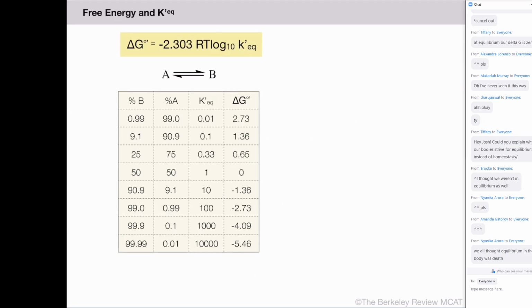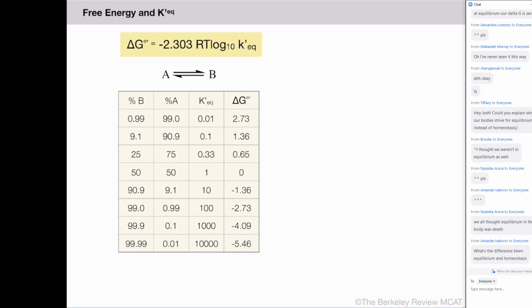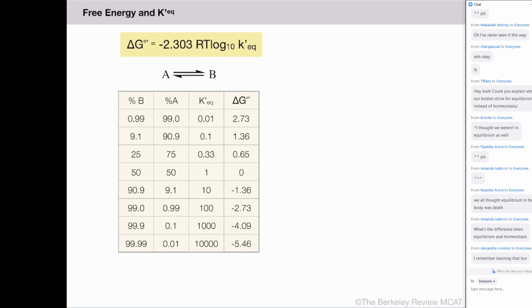If you eat extra sugar, you're going to break that down into equilibrium. Homeostasis is just the processes for your body to stay alive, keeping things constant, whether it's pH, sugar levels, or temperature. Does that make sense?